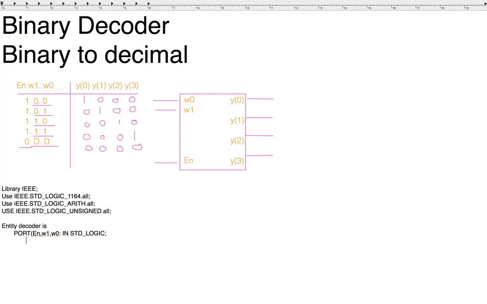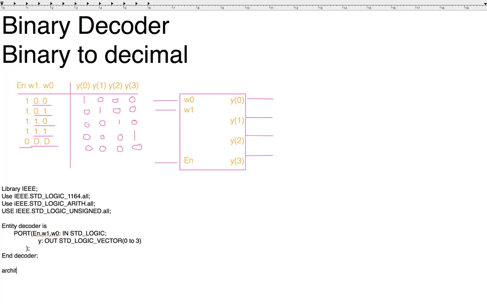And then our output is going to be Y. And that is a vector, so standard logic vector, and it's going to go 0 to 3, the way I just wrote it in the truth table. And then you're going to have your parentheses to end this, and then the semicolon for this statement is after the parentheses. And you're going to end the entity, so end decoder.